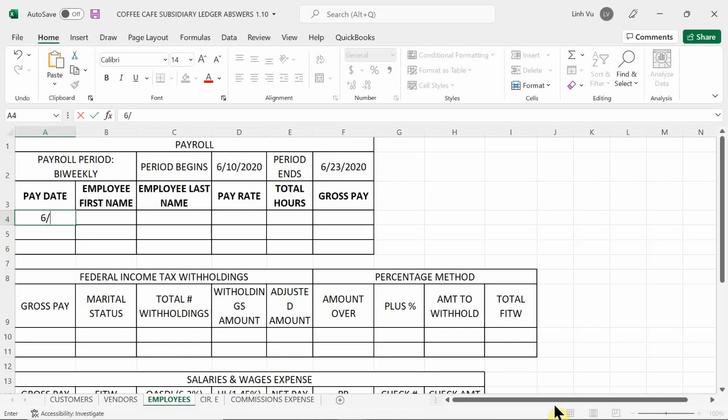And then the next paycheck is going to be June 28. Okay. Now, who's this person's name? Her first name is Irene. Okay. Last name is going to be Jameson.